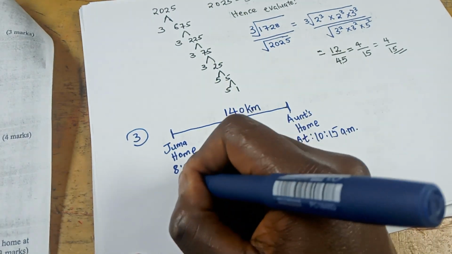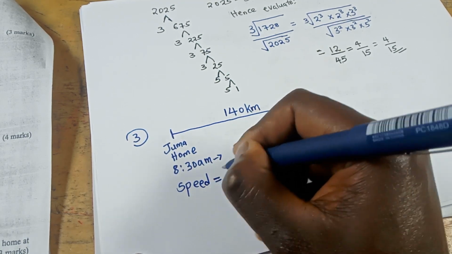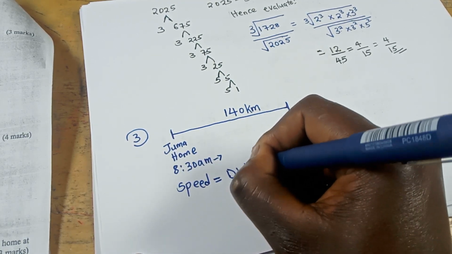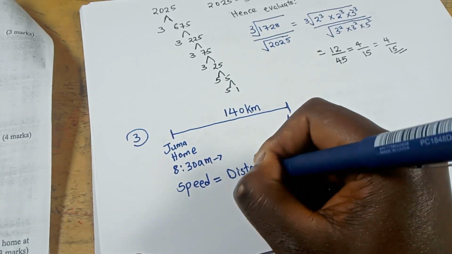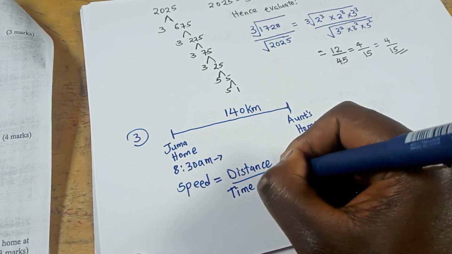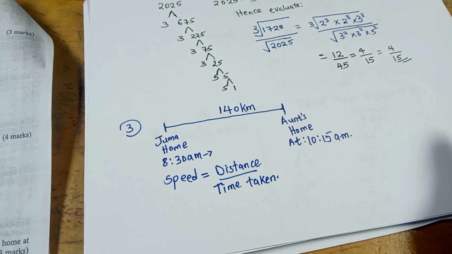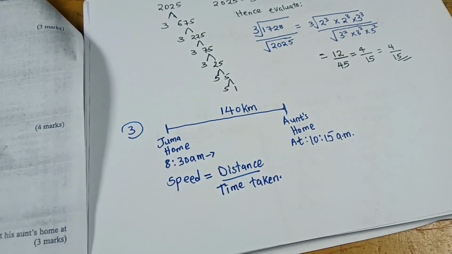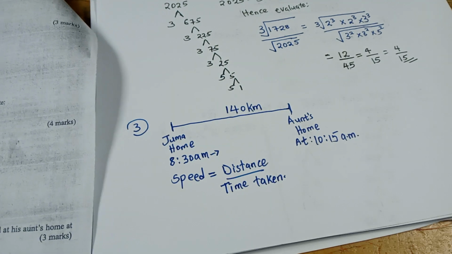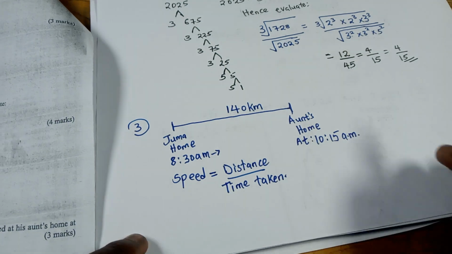For us to determine the speed, we all know that speed is equal to distance over time taken. We need to have our distance, that is 140 kilometers, and also determine our time taken.